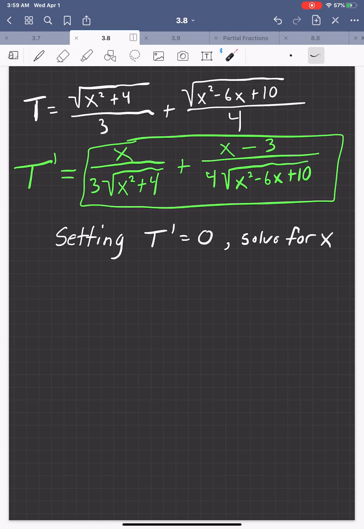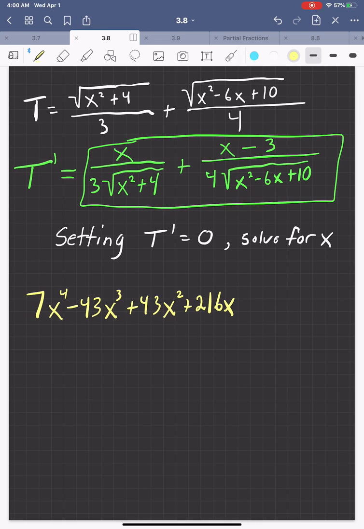And now, if I set my derivative equal to 0, and I start the process of solving for x, here's what I get: 7x to the 4th minus 43x cubed plus 43x squared plus 216x minus 324 is equal to 0.